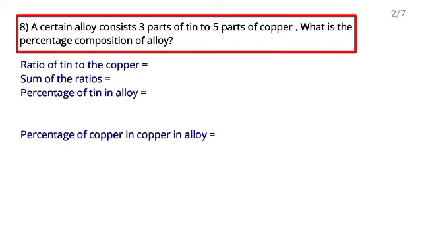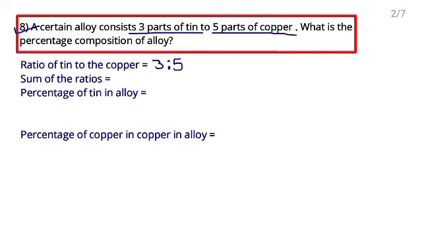Next question, question number 8. A certain alloy, which means a mixture, consists of 3 parts of tin to 5 parts of copper. So 3 parts is tin and 5 parts is copper. So we can say that the ratio will be 3:5. Then what is the percentage composition of the alloy?